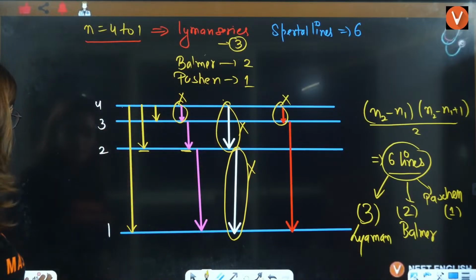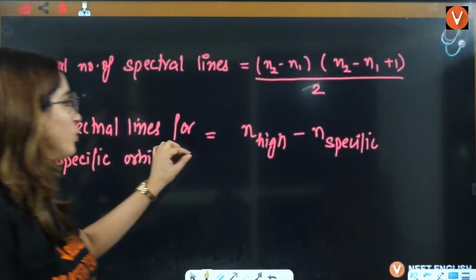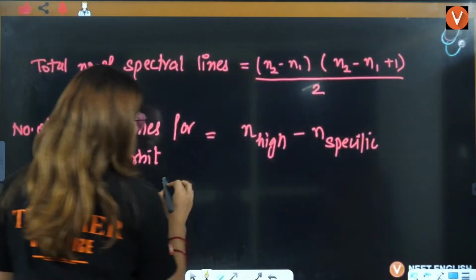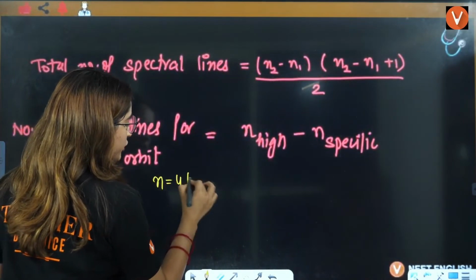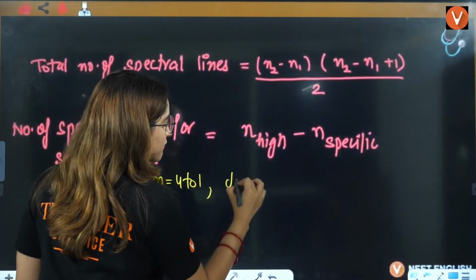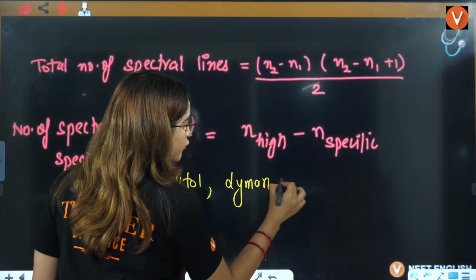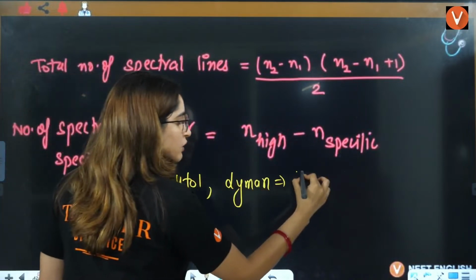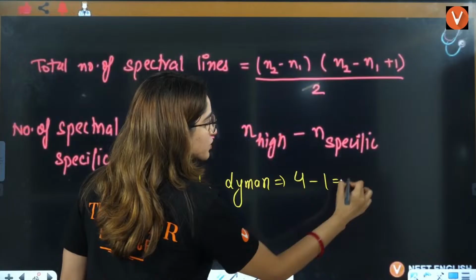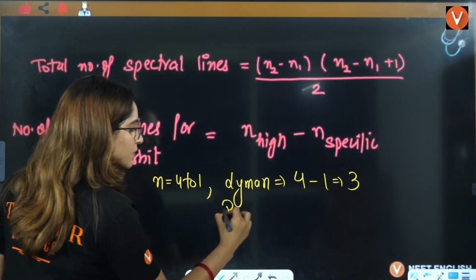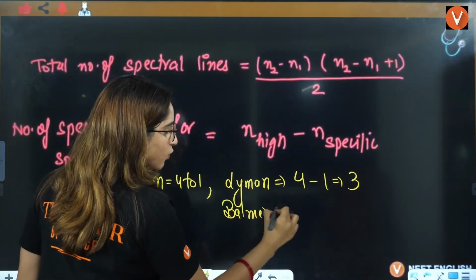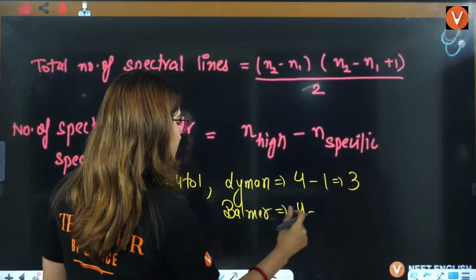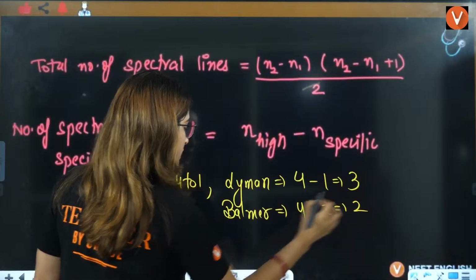I'll give you a simple trick. What you can do is directly do high minus specific. Now, if they ask you out of n is equal to 4 to 1, which belong to Lyman, we know that high is 4. This is high to low. High is 4. It will be 4 minus Lyman is 1, so it is 3. Balmer, what is the answer? 4 minus 2, as Balmer is 2, so it is 2.